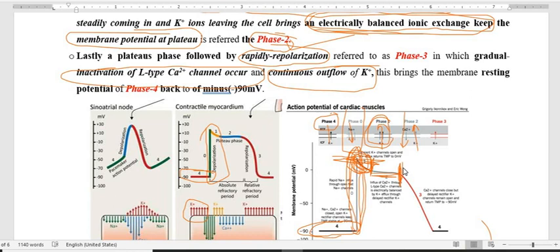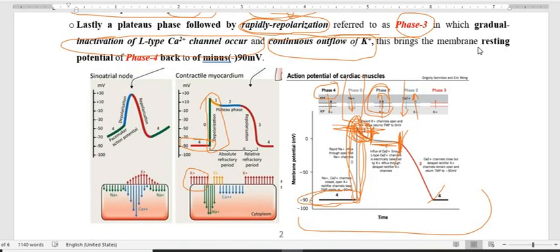So there is no inflow of calcium ion, only the potassium ion is escaping out, and therefore from phase 2 the membrane potential starts moving back towards phase 4. This is called the rapid repolarization phase, or phase 3, when the membrane potential moves down from the plateau up to minus 90 millivolt. Thereafter the membrane potential is maintained at minus 90 millivolt, that is called phase 4, the resting membrane potential.